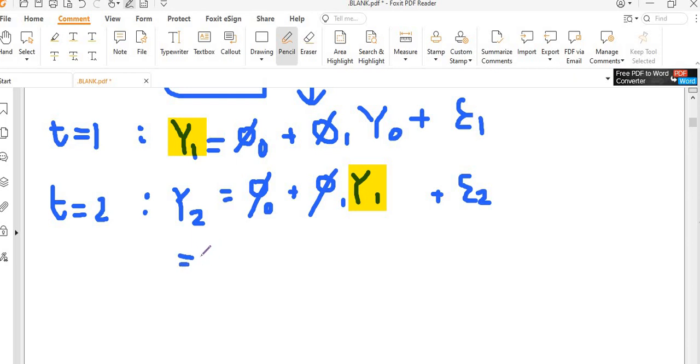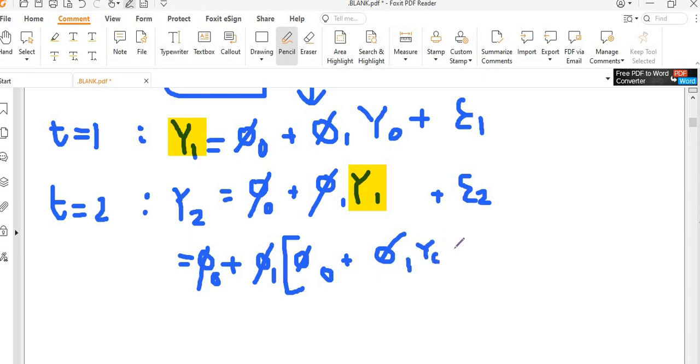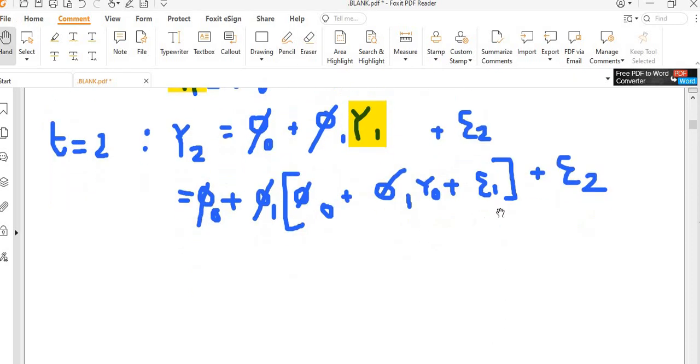We put phi naught plus phi 1, and then instead of this y1, we can put this expression, because they are both the same. So we put phi naught plus phi 1 y naught plus epsilon 1. That gives you this y1, and then finally you have this epsilon 2, and you put it there, right? So you have this expression.